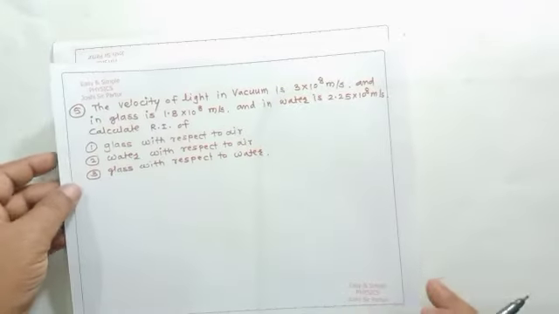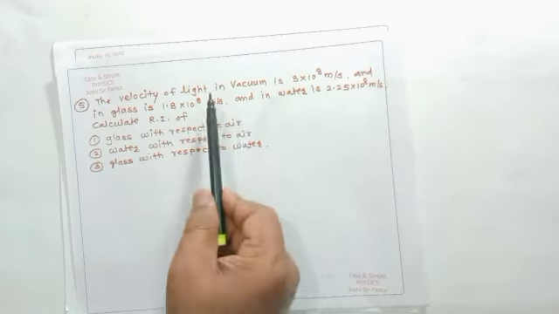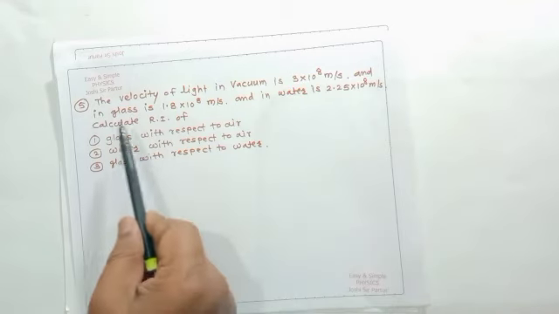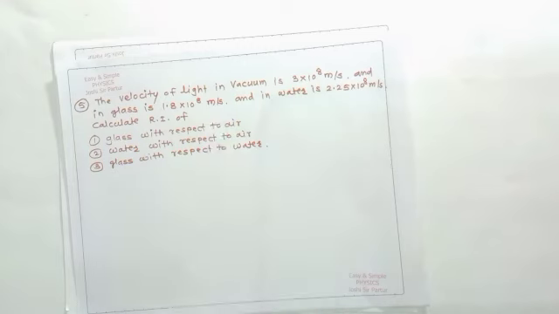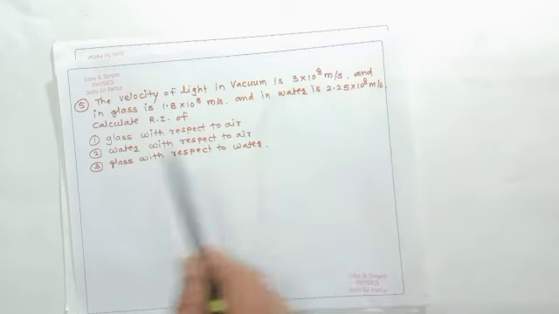Similarly, we can find out question number 5. In this question we take the velocity of light in vacuum as 3 into 10 raised to 8 meter per second, in glass 1.8 into 10 raised to 8 meter per second, and in water 2.25 into 10 raised to 8 meter per second.